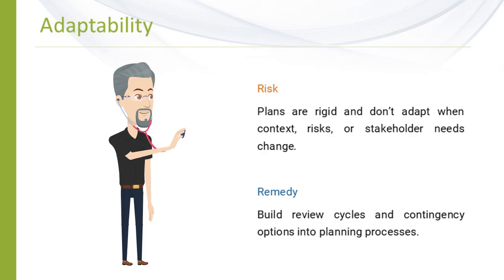The flip side to that is if the plan also is too loose, well, that also can actually lead to issues with adaptability. So we need to make sure the context, the risk, and the stakeholder needs, if they do change, we can pivot the plan or work within the plan, but the entire plan doesn't fall over. So again, those review cycles, having the correct contingency will actually help you with this.